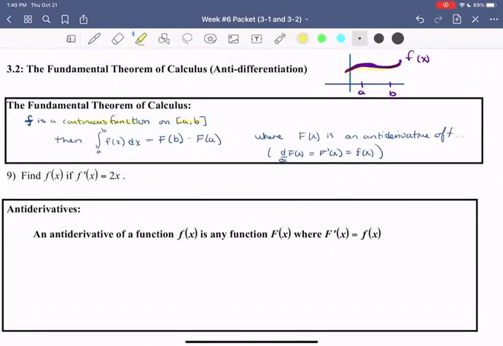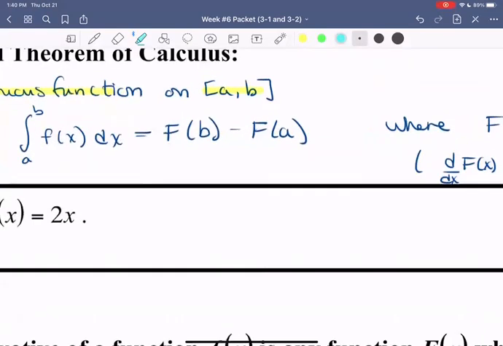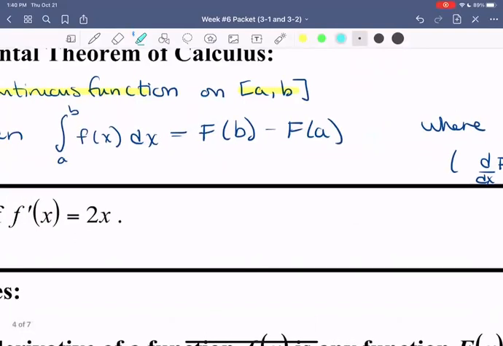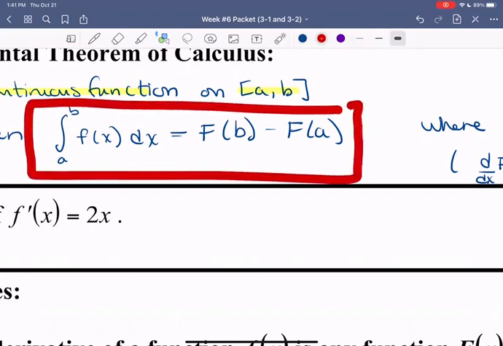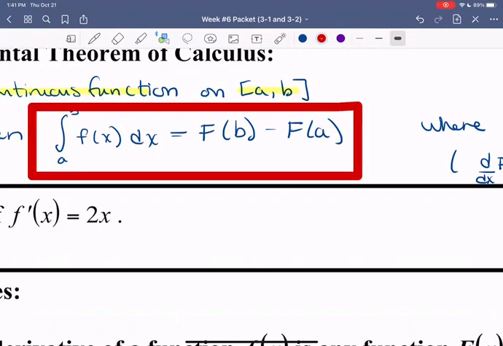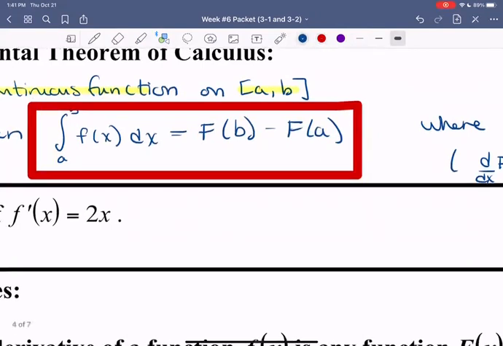Then if we want to determine the area under that curve on that interval, to find that area, we just need to find an antiderivative of little f and then plug in the limits of integration, in this case a and b, into our function. We first start with b and then subtract a.